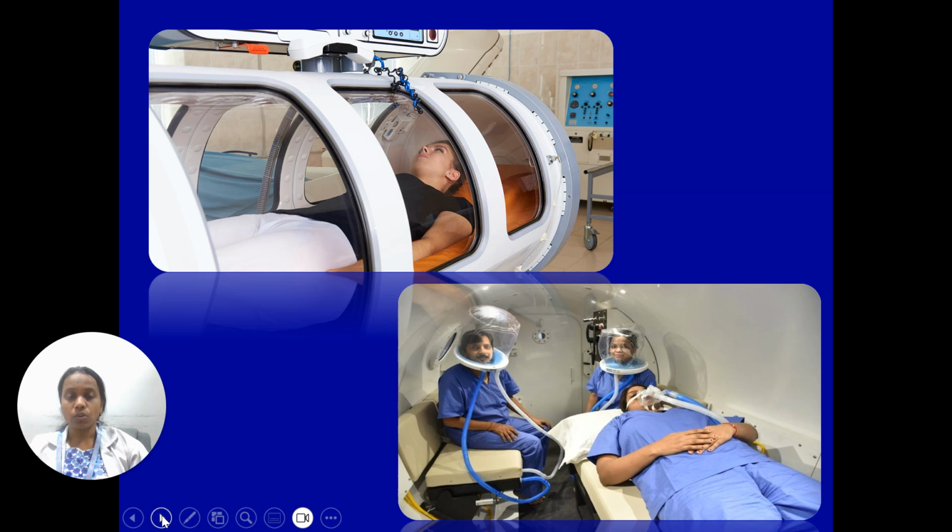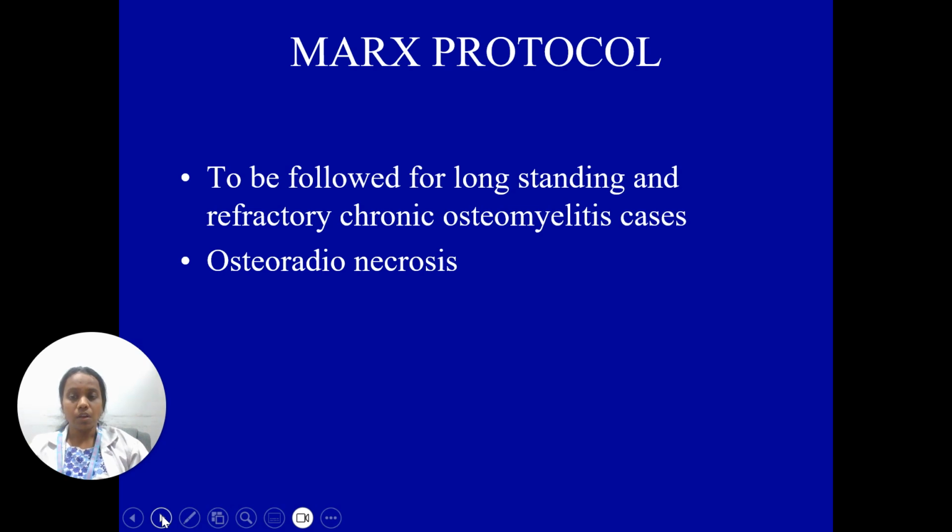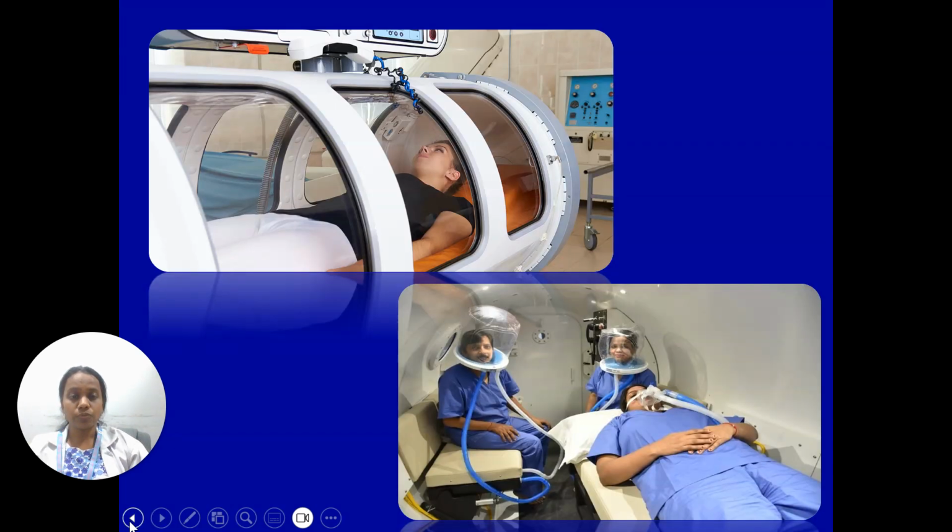The hyperbaric oxygen is given in a closed chamber. As the name suggests, hyperbaric means it is given at a higher pressure, about 2.4 atmospheric pressure. 100% oxygen is delivered to the tissues at 2.4 atmospheric pressure for a minimum of 30 minutes. That is a standard unit of HBO therapy, that is a dive.